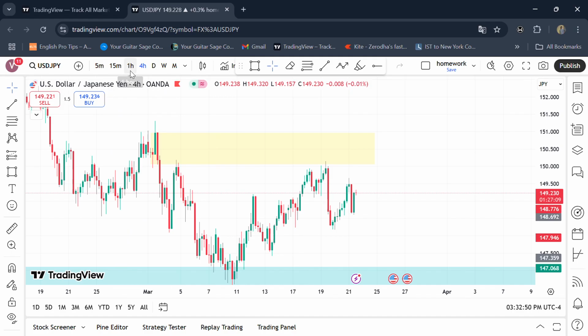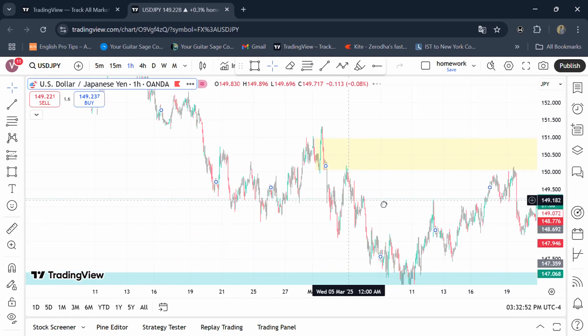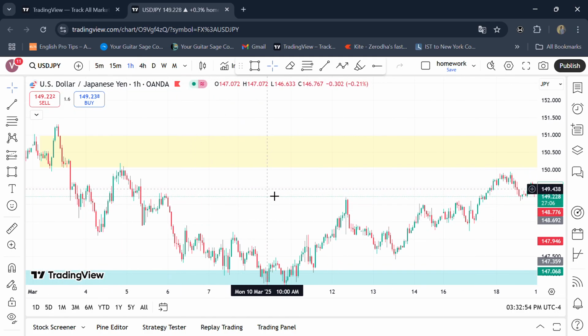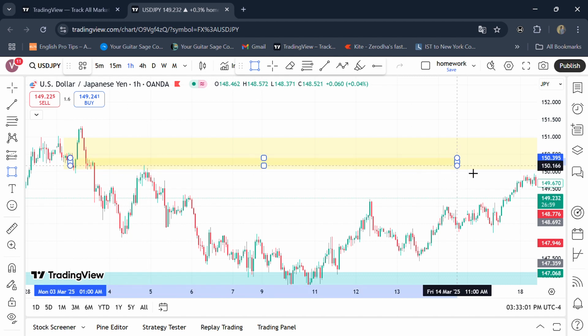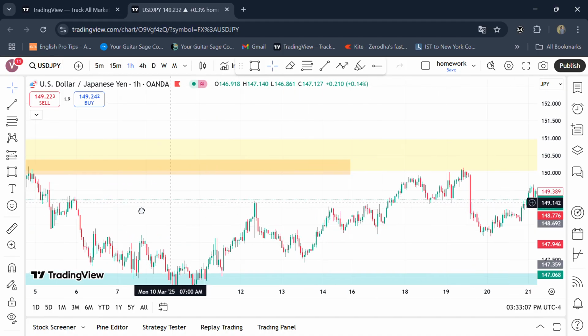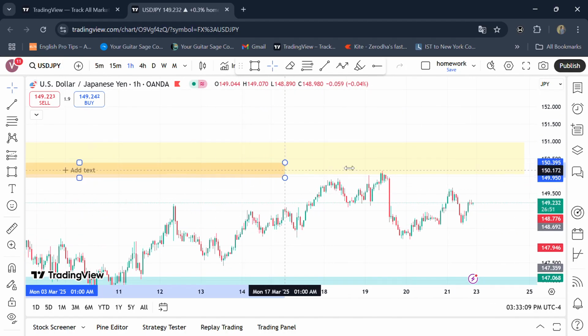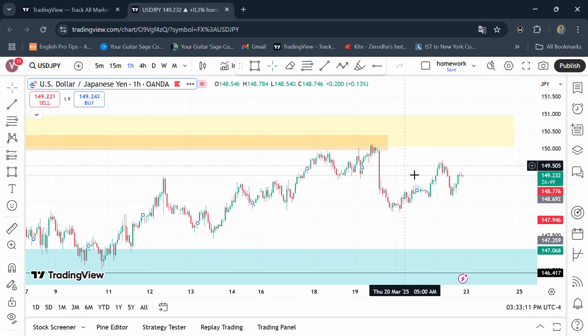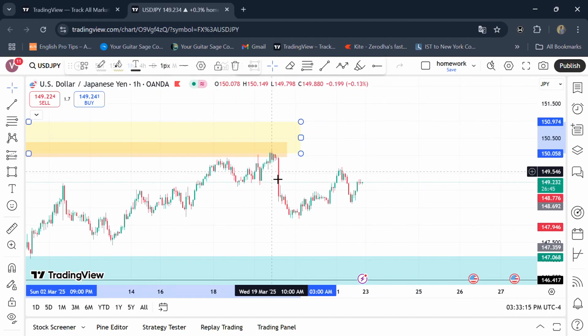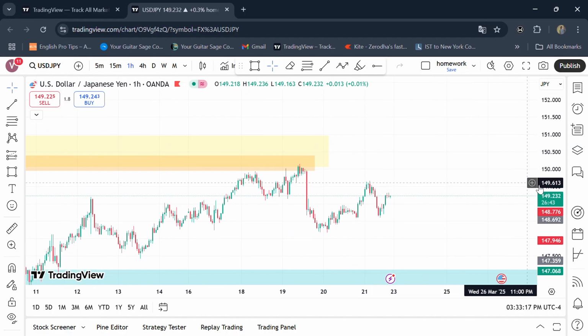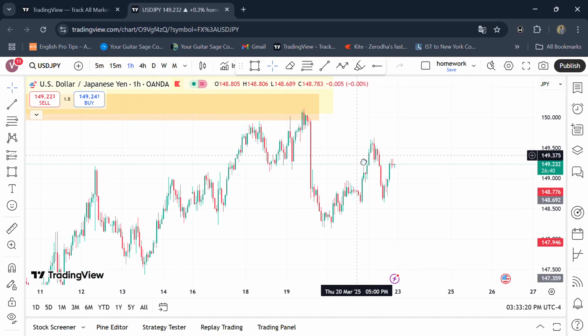Okay, there is a 4-hour order block, and let's check on 1 hour. On 1 hour, there is a mitigation block here. So it gave these POIs first tap and then had a sharp downfall.